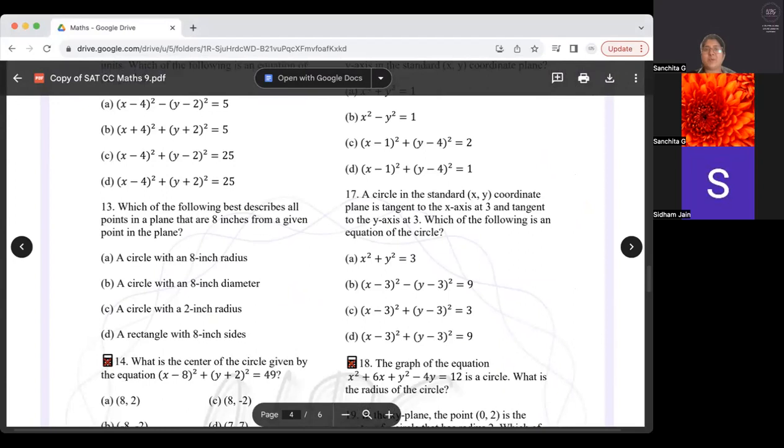17, tell me. What is it? D? Correct. Absolutely correct. Right? Tangent to x-axis and tangent to y-axis at 3 each. Again, you can draw it and you can see that my radius is going to be 3. Okay, so option D works.